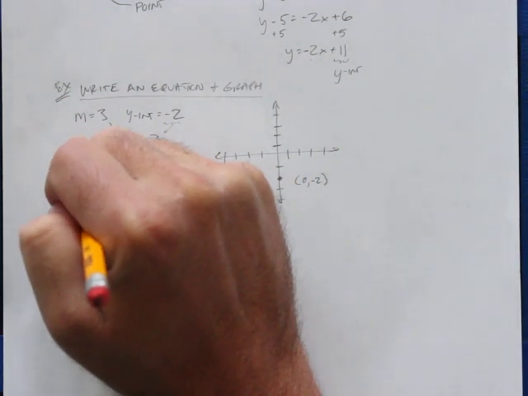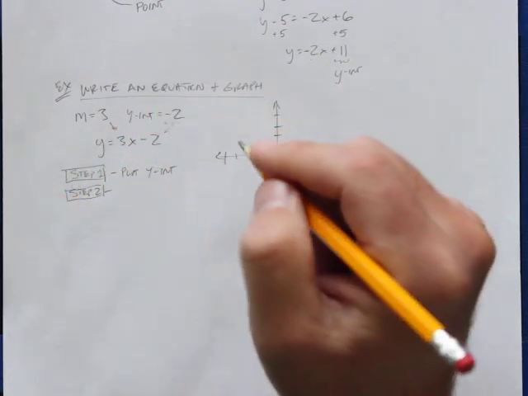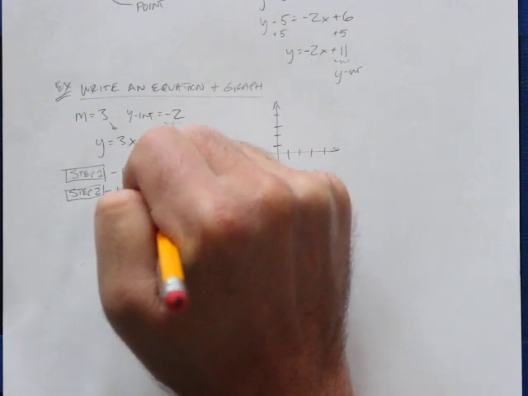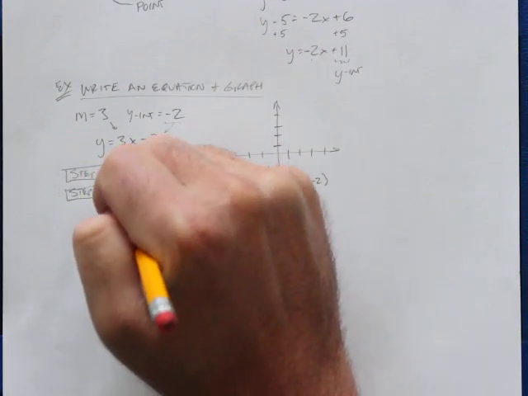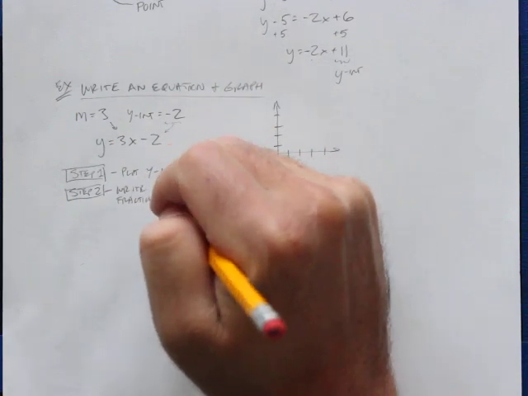Step 2 is write slope as a fraction and draw arrows.